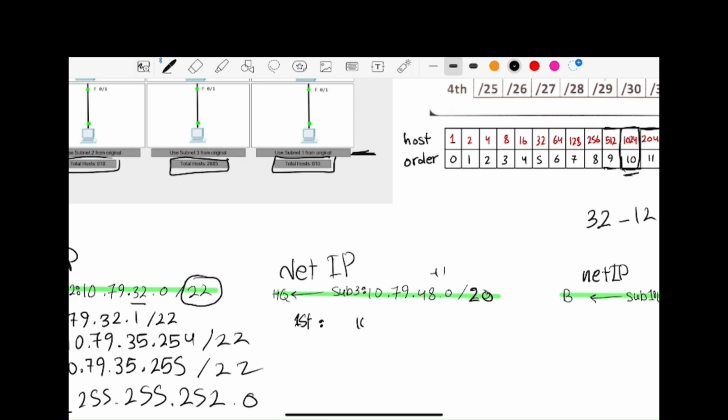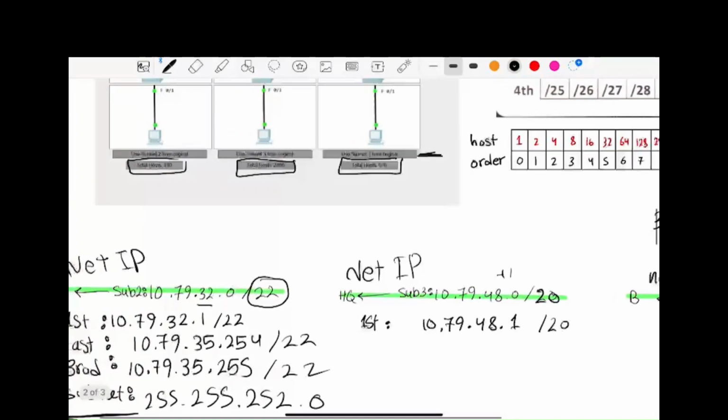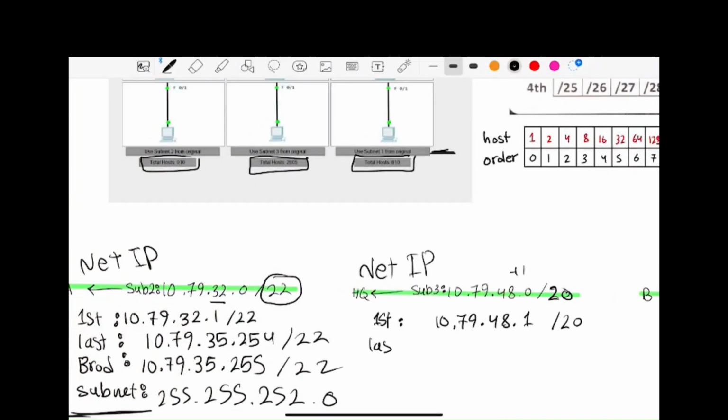So that will be this. Then we want the last usable, broadcast, and subnet mask.